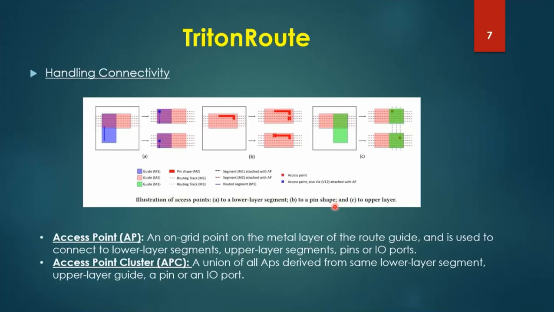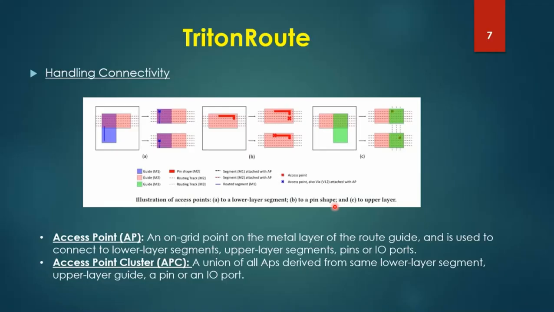So right now we have the DEF, the pre-processed routing guides, the access points, which are all the possible points where the connectivity can happen, and the access point clusters. The objective of this MILP, this mixed integer linear programming equation, is to connect one access point to another access point optimally.